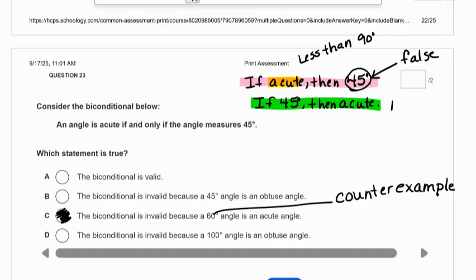So this part of the biconditional down here is true. But for a biconditional to be overall true, both of these would have to be true. Okay, so we have to say the biconditional is invalid because this first one didn't work out, and our counterexample was 60.